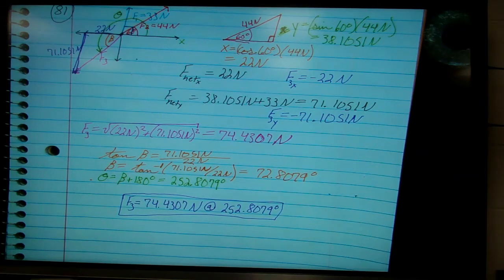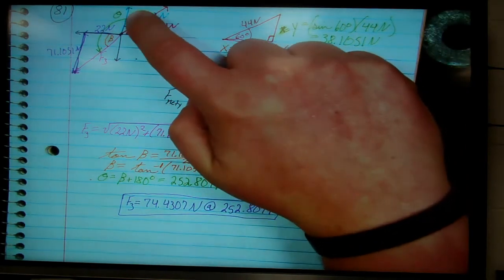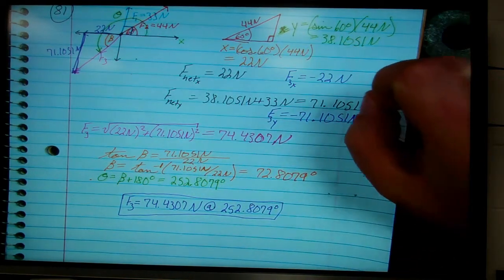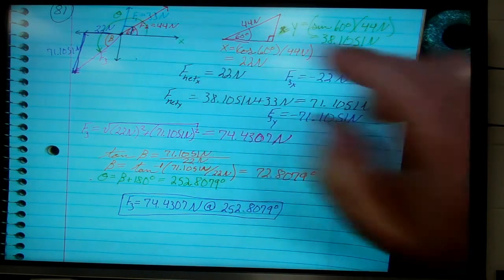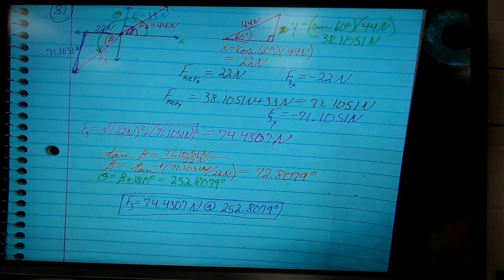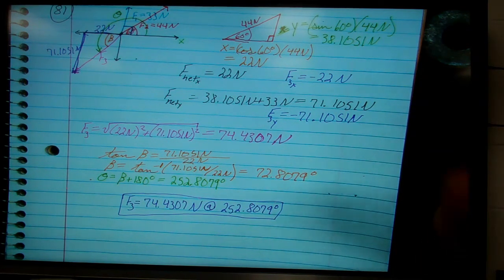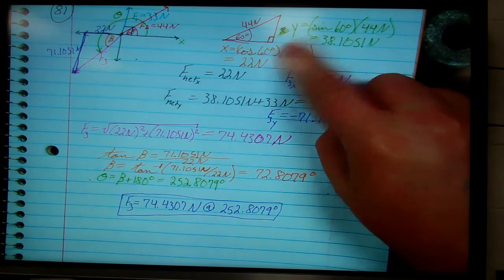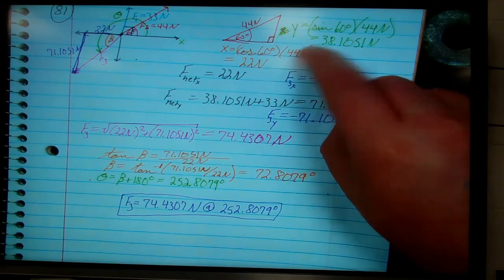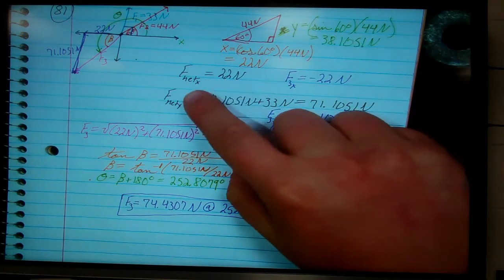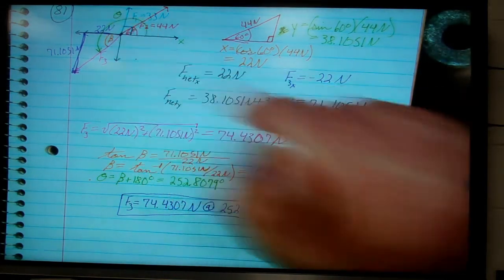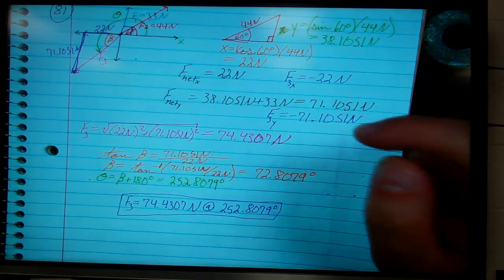So literally, all we did in this case is you had 3 forces going on. So we looked at those 2 forces. We took this force because it does not fall, force 2, because it's not falling on an x or y axis. So we need to break it into the subcomponent vectors, which is what we did over here. We found y and we found x, and then from there got those values. Then we found the net forces happening for those 2 forces, force 1 and force 2.